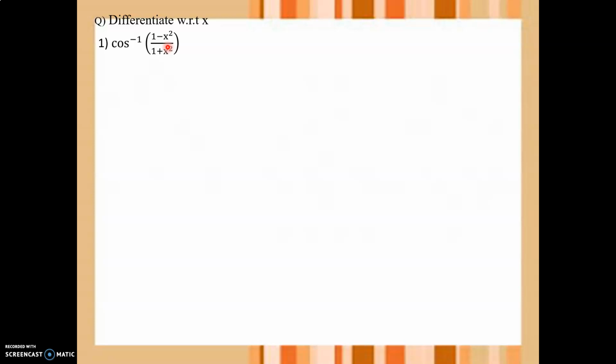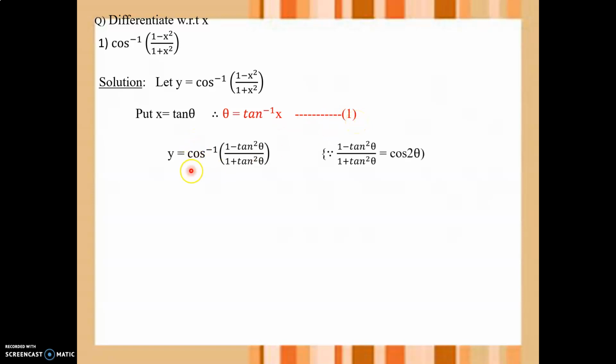For that, we are giving substitution: y equal to cos inverse of (1 minus x square) upon (1 plus x square). Put x is equal to tan theta. Therefore, theta is equal to tan inverse x. We are finding this for future use, so putting it as equation number 1. The question will become y is equal to cos inverse of (1 minus tan square theta) upon (1 plus tan square theta).